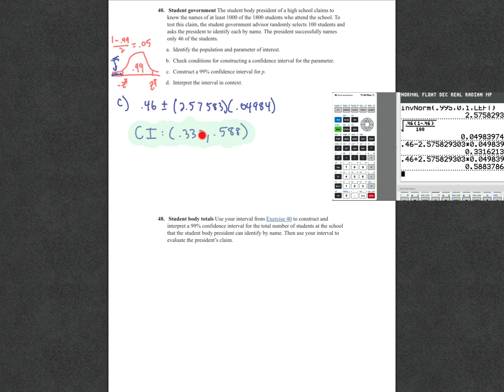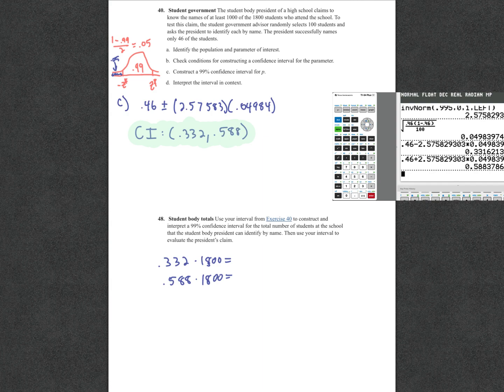But this is proportions of the population. So if the population is 1,800, we can do 0.332 times 1,800, and then 0.588 times 1,800. This will give us the actual number of students at the school instead of the proportion.